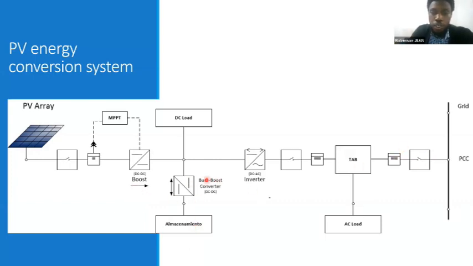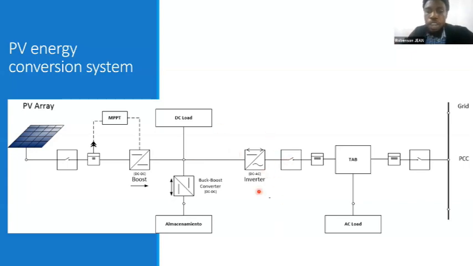So we are going to use the boost mode in order to elevate from 12 volt to 24 volt. It is an example. It can be different. The ratio can be different, and the voltage level can be different. It can be from 24 to 48 and much higher or lower.